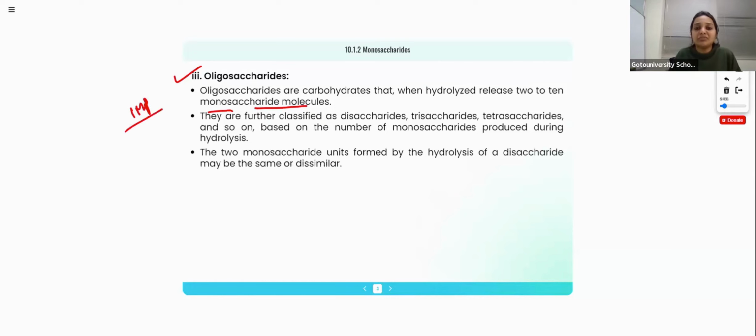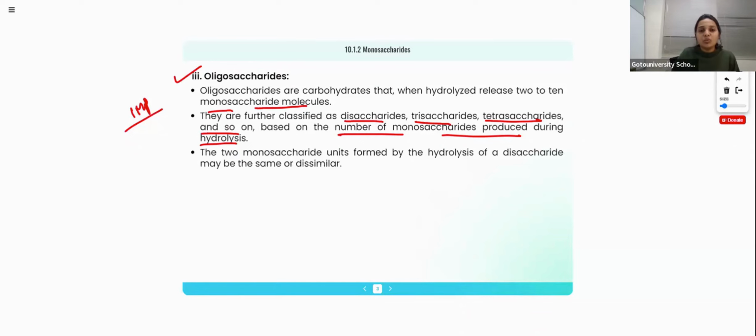They are further classified into disaccharides, trisaccharides, tetrasaccharides, and so on, based on the number of monosaccharides produced. When we do the hydrolysis, they produce more than one unit, so they can be classified into di, tri, tetra based on the number of monomers they produce.